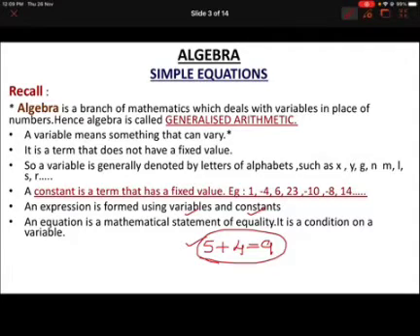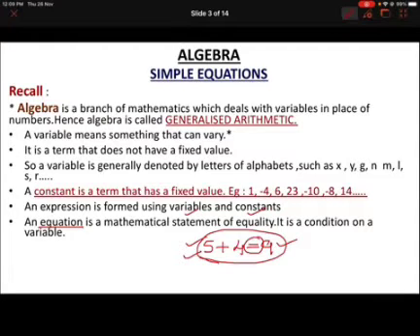Because this mathematical statement has two expressions. 5 plus 4 is an expression, 9 is an expression. They are separated by an equal sign. So, such mathematical statements of equality are called equations. So, an equation is a mathematical statement of equality.